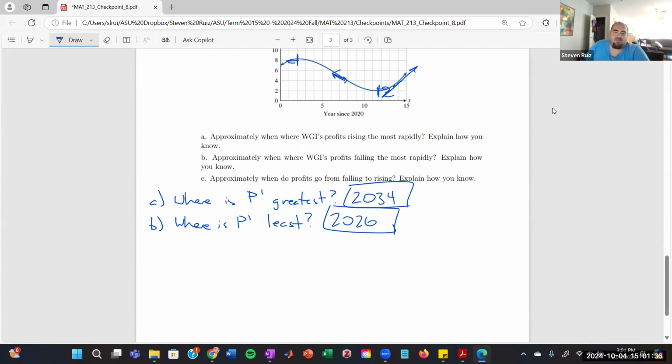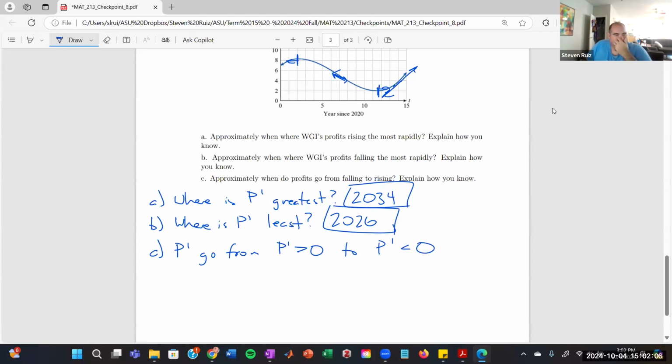All right, part C, approximately when do profits go from rising to falling? So let's try to set this up in terms of calculus things that we've been learning. Basically, where does P prime go from positive values to negative values?